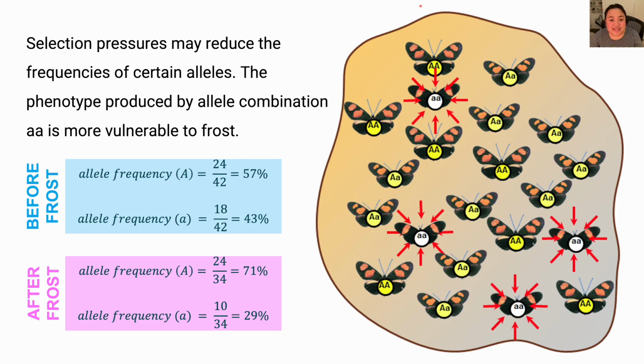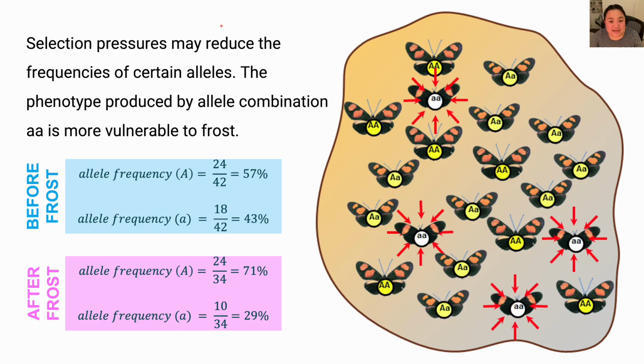So, natural selection acts on gene pools by reducing the reproductive success of individuals with phenotypes that are poorly suited to the environmental conditions. As we can see, the little a alleles become less common in the gene pool because its allele frequency decreased from 43% before the frost to 29% after the frost.